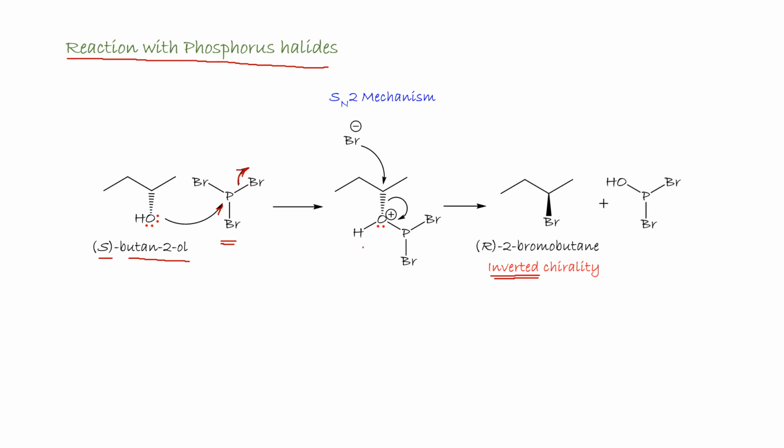Now it's forming oxonium, a very good leaving group here. Br will come from the back, and this group is leaving, forming the R-2-bromobutane, the reaction with inversion, so it is SN2 mechanism.